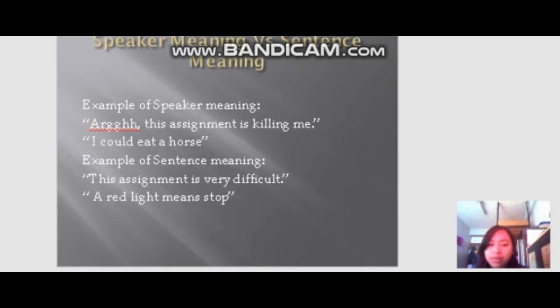The gap is such that it is even possible for a speaker to convey a quite intelligible intention by using a sentence whose literal meaning is contradictory or nonsensical.